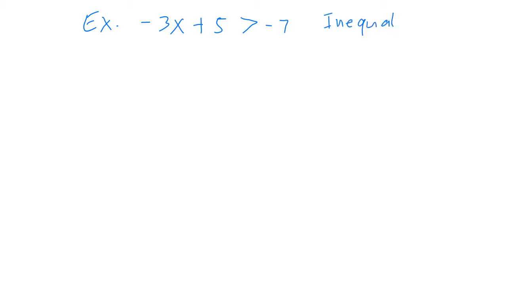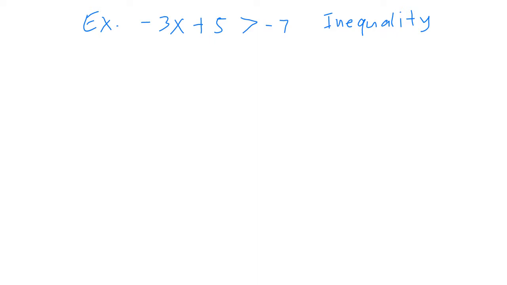In inequality, you have plenty of answers. Unlike when we used the linear equation before, you have one answer only for solving for x. Right now we have plenty of answers. So we have to express our answers in set interval notation.